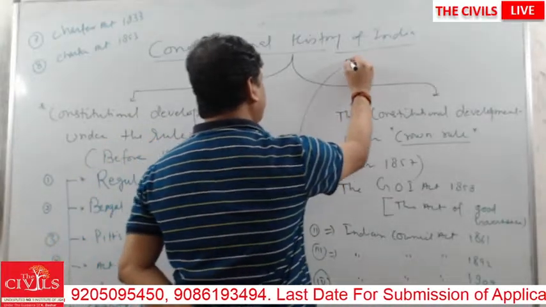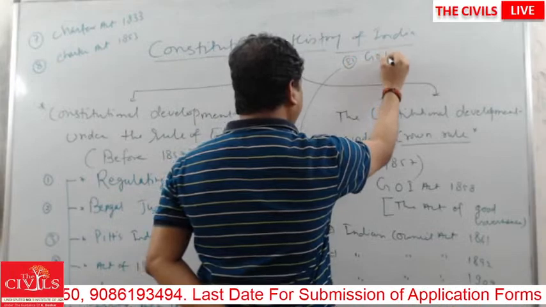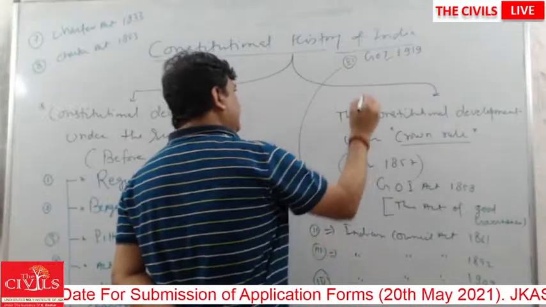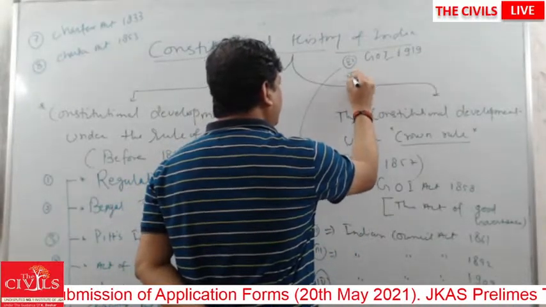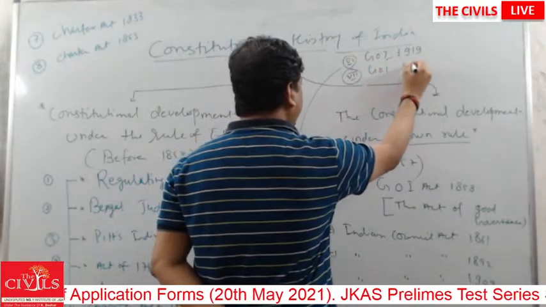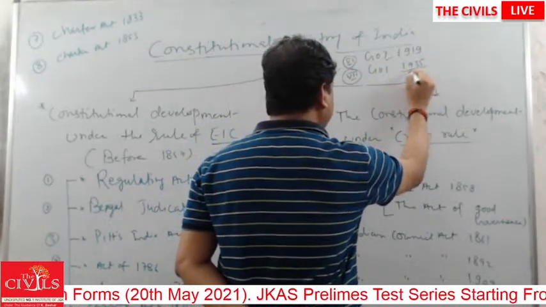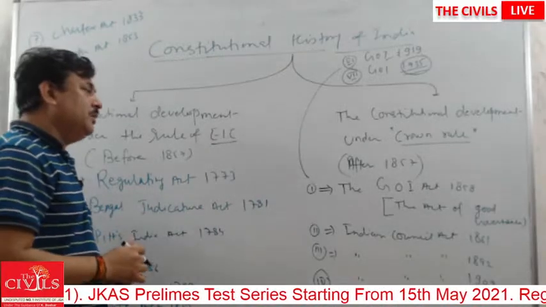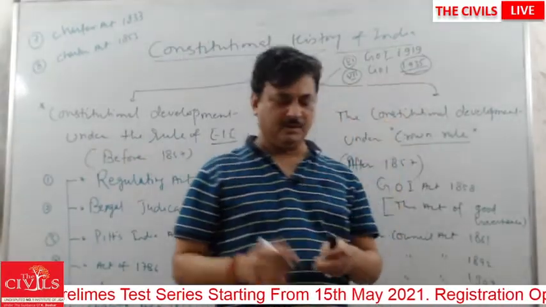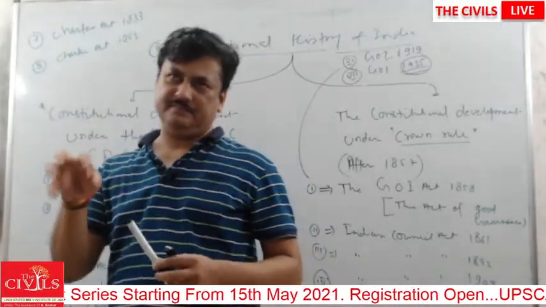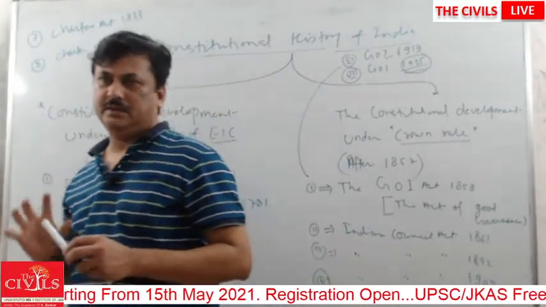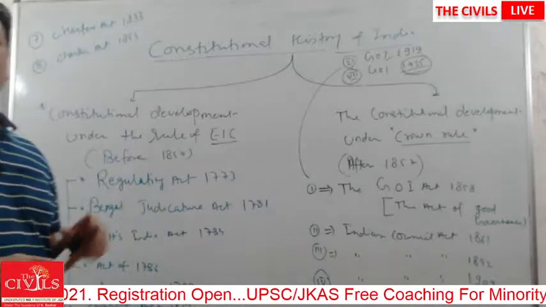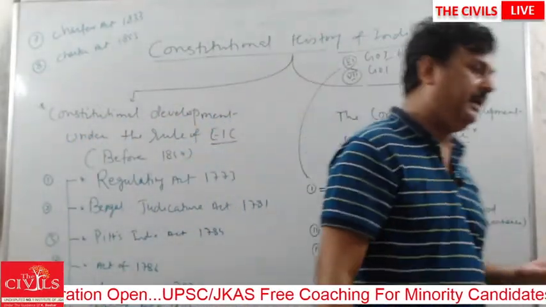Sixth is Government of India Act 1919. Seventh is the Government of India Act 1935. This was the last act passed by the British Parliament. We all know that more than 200 articles of this act were taken directly into our Indian Constitution, which was framed by the Constitutional Assembly for independent India.